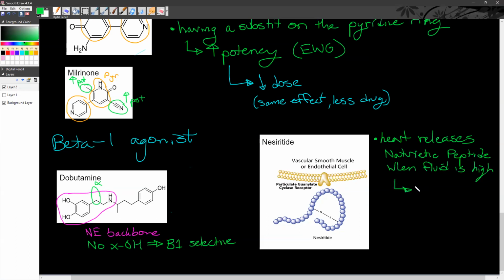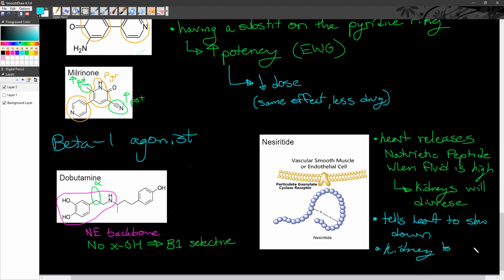And what this does is that it tells the kidney to diurese. So the thinking behind nesiritide is we just give the natriuretic peptide itself. It tells the heart to slow down, right? Because the heart rate, the blood pressure is so high. So the two effects: one is it tells the heart to slow down, and it tells the kidney to diurese. That's really what it does.